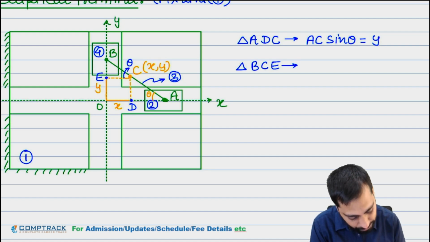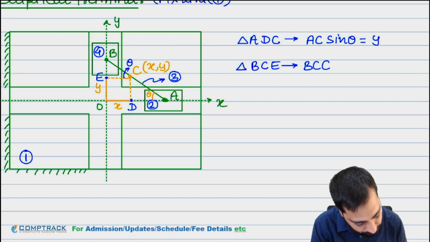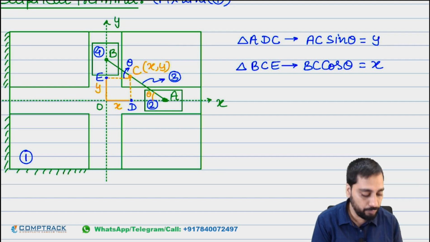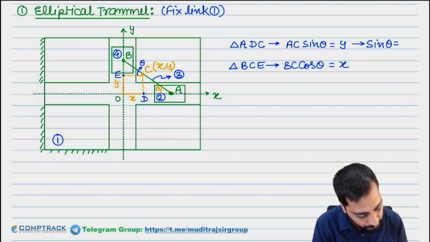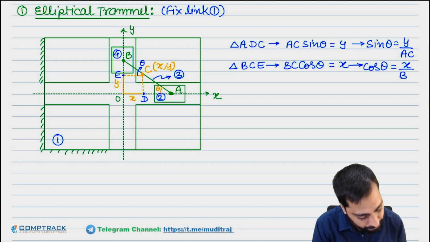So BC cos theta will be equal to x. Yes or no? So from this you can calculate sine theta equals y upon AC, and cos theta equals x upon BC.